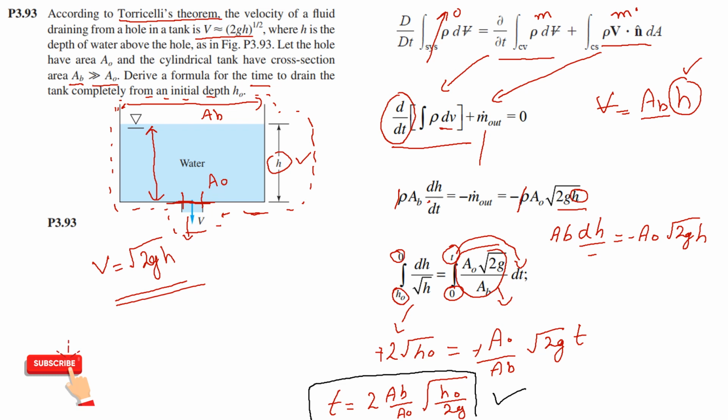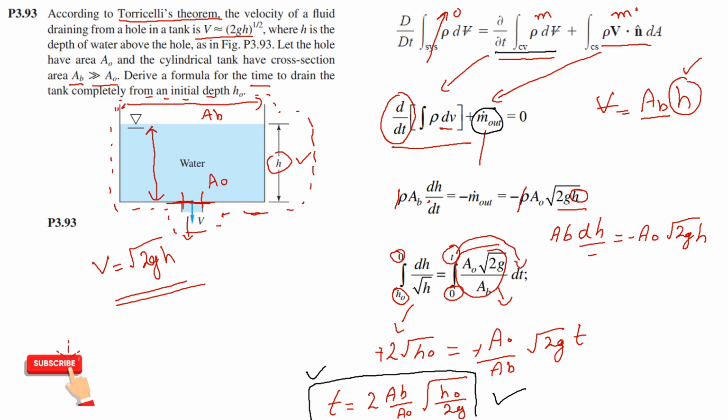By taking the control volume integral, it is not equal to 0 because inside this control volume our mass will change when we drain this tank, and the control surface has one outlet, so it comes out to be the mass flow rate at just the outlet, and these are the control volume terms. And by arranging it and integrating it for height h naught and time t, we got our equation for time t that will be required to drain this tank. So hopefully this was clear.